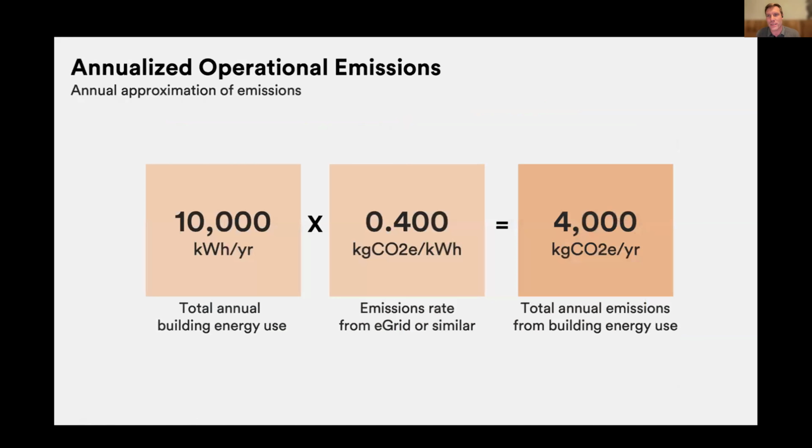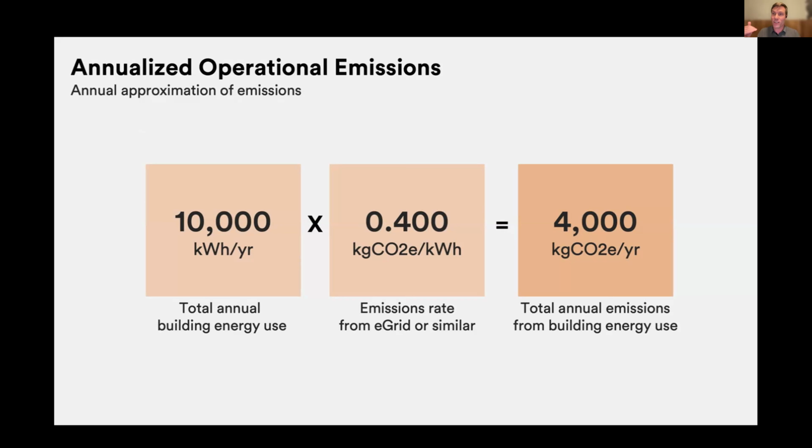What we see instead, when we think about aggregate energy use platforms, is a really simple kind of math. This is the math that, for a long time, passed as a solid operational carbon analysis. You start with the total annual building energy use in kilowatt hours or similar, and the emissions rate from eGrid or a similar platform that gives you the emissions rate per kilowatt hour incurred when the building uses energy from the grid, to give you a nice round total number of annual emissions from building energy use.